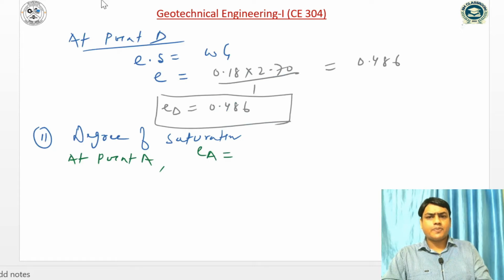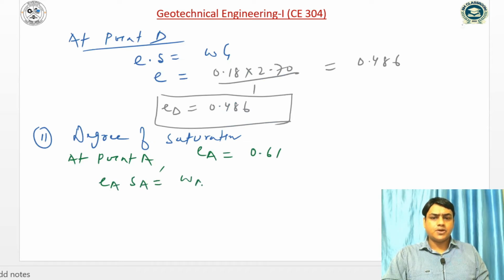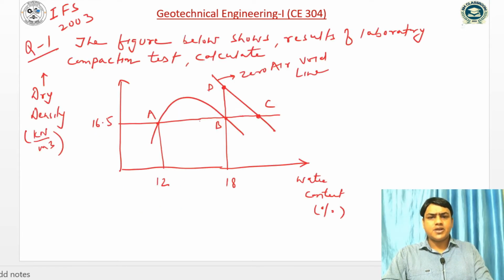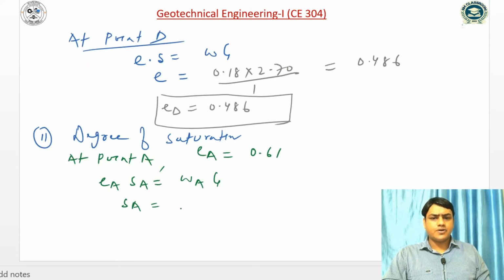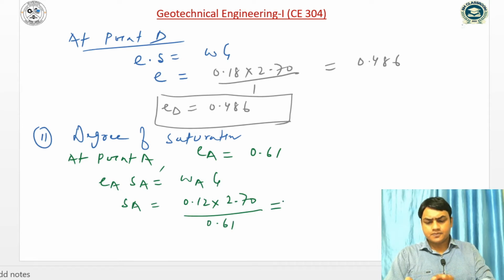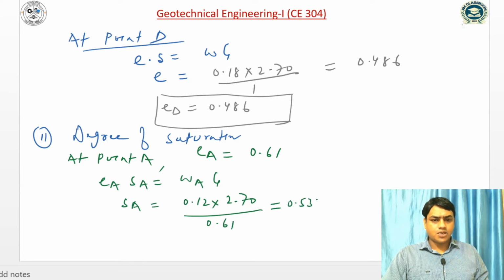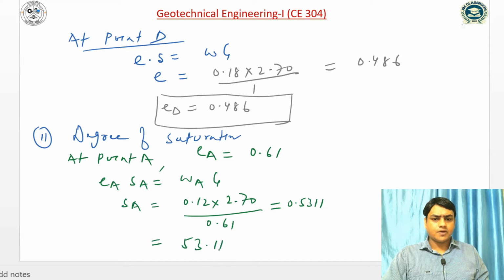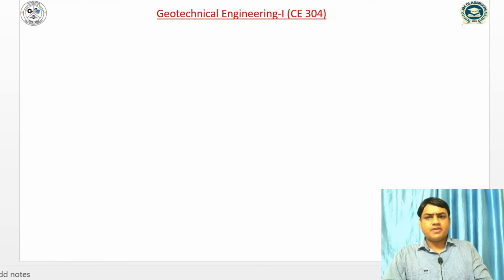So we know e_A into S_A is equal to w_A into G. The water content at point A is given as 12%, so it will be 0.12 into 2.7 divided by 0.61, the void ratio at point A. So it is coming 0.5311, or we can write 53.11%.